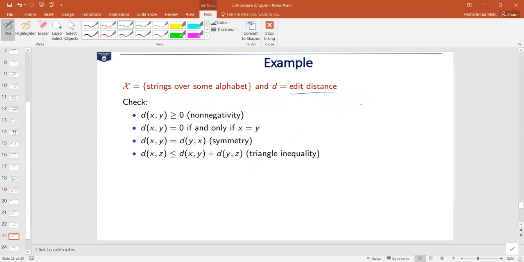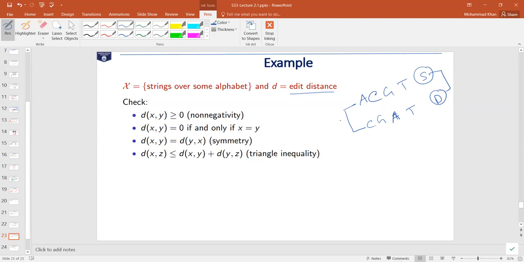For example, if we have a string like A, C, G, T, and a string like C, G, A, T, maybe the letters used for a genome sequence, we can check the edit distance, like how can we get this destination string from the source string. We use different operations such as update, swap, or delete.